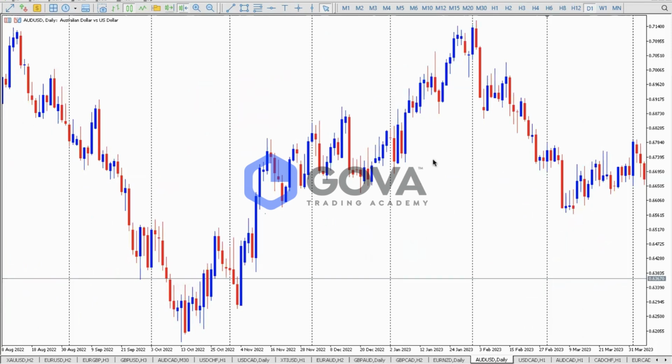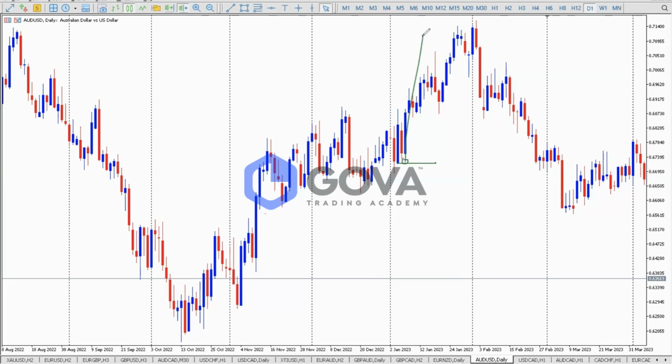Now, look at this example also here. Do you notice that market price came into this demand candle here? Let's say you mark out your zone on this bullish candle. This is just a rough example. Do you notice that market came exactly into that candle and then went up?